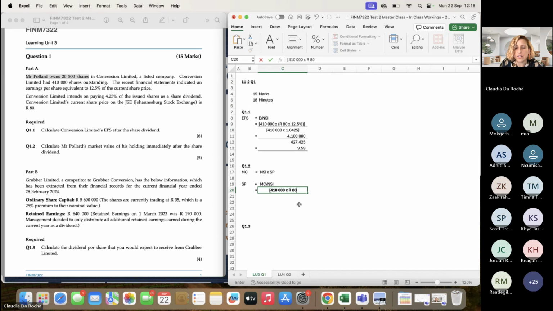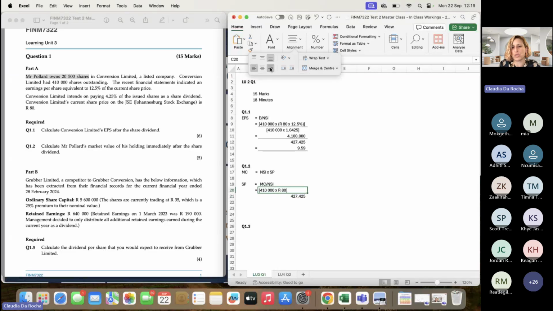Okay. And then we are going to divide it by the number of shares issued. Now, the number of shares issued is this number here. Okay, it is what we calculated once the scrip dividend was issued. Okay, it has to be that because the shares have changed, right?